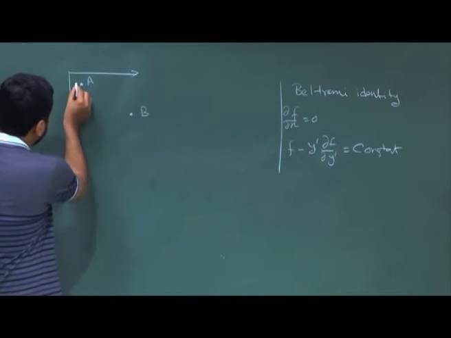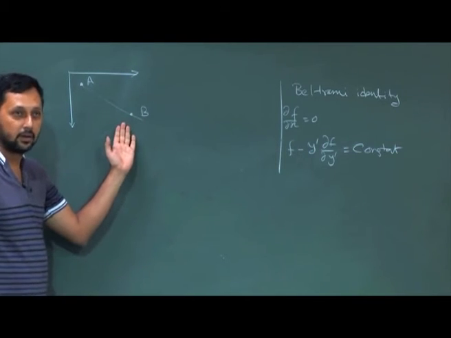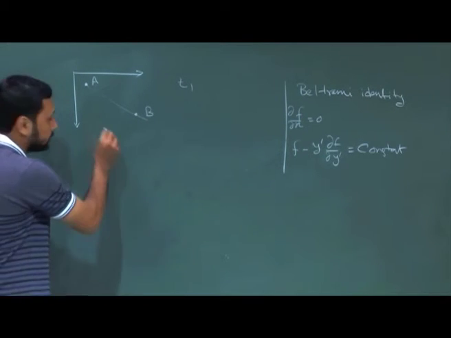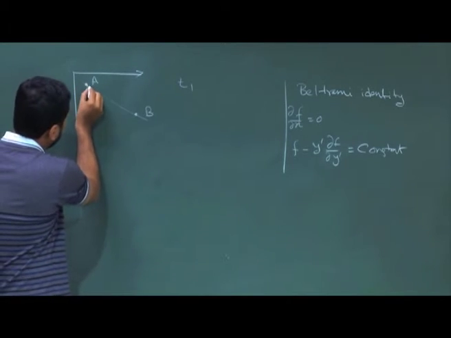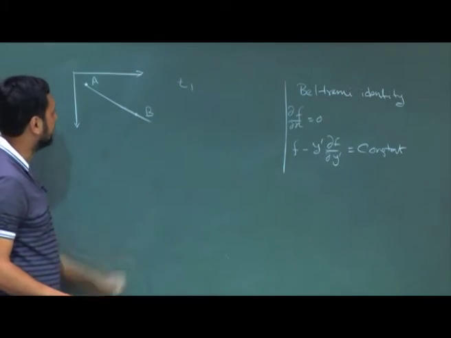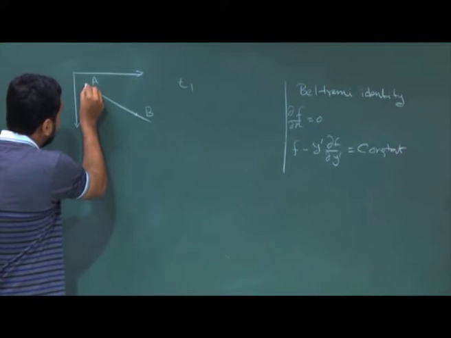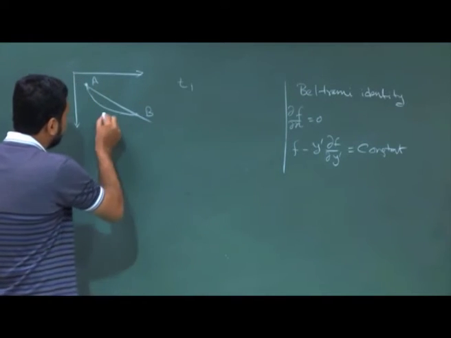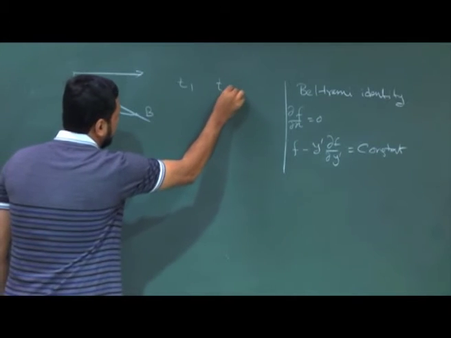If I just put a slope here, it will take some time, let us say t1. So, if I put a straight line, an inclined plane, and it takes time t1, it turns out there could be another curve which can join these two, and if the particle travels along this curve, it takes a time t2.